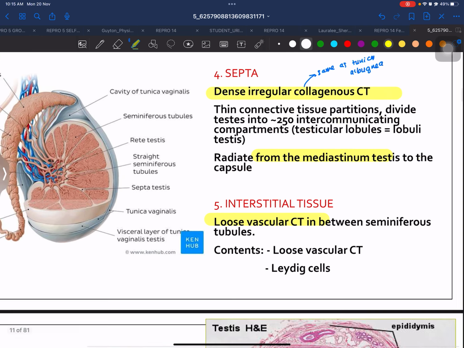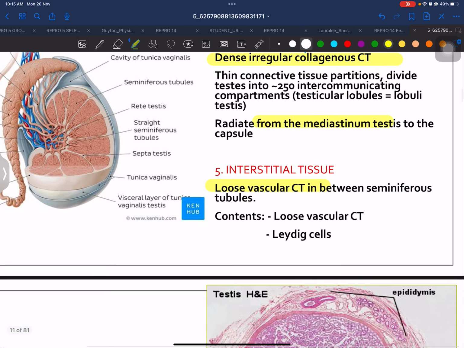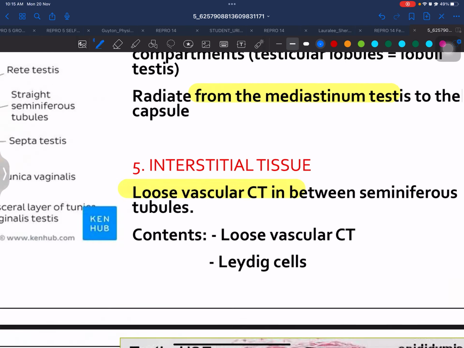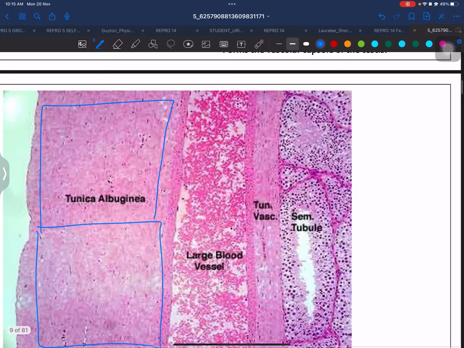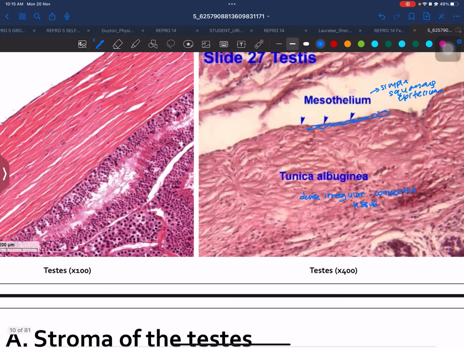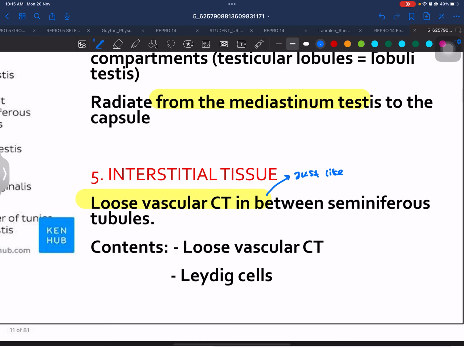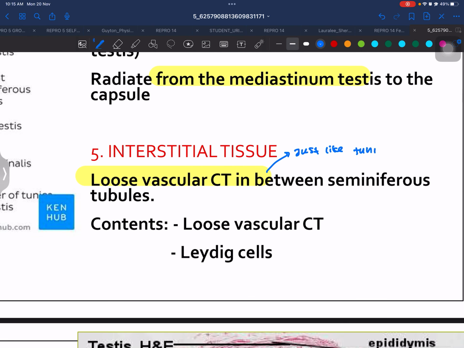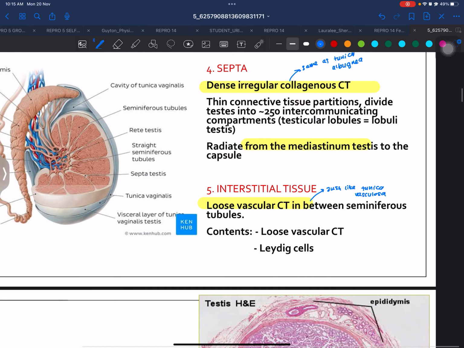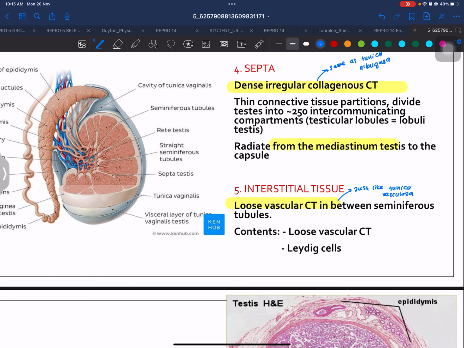These septa radiate from the mediastinum testis. These are the mediastinum testis, and it radiates like that, to the lateral, to the periphery. From here, see, here is the mediastinum testis.